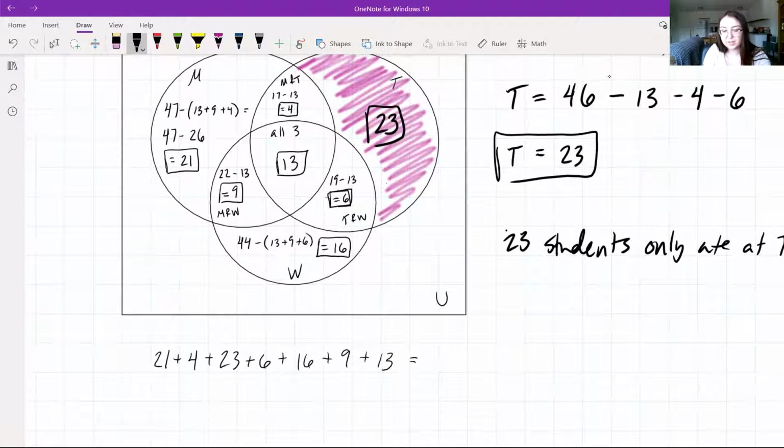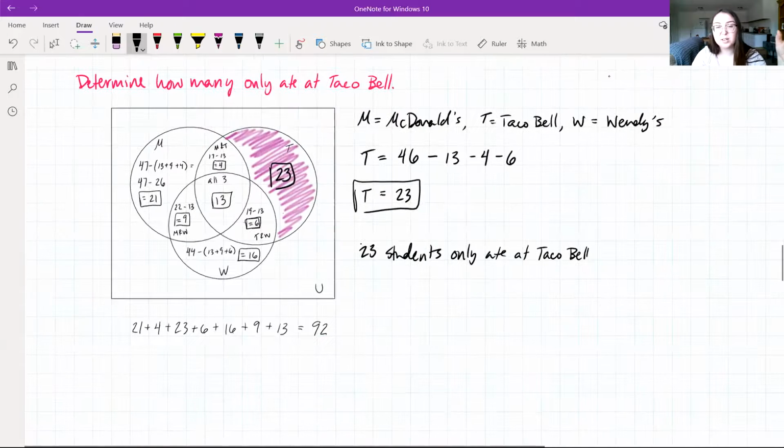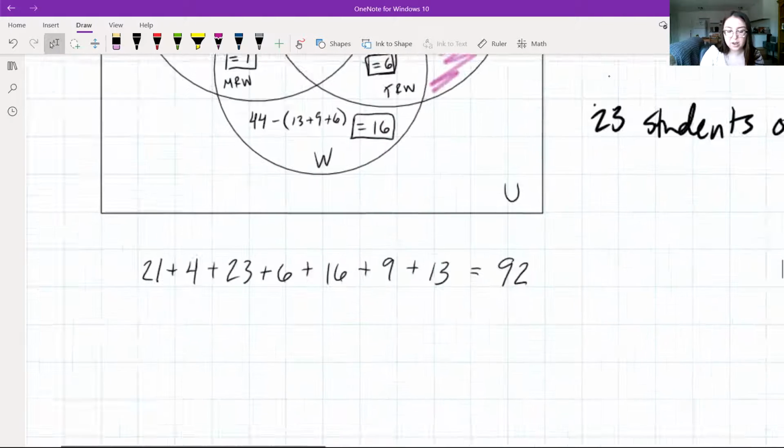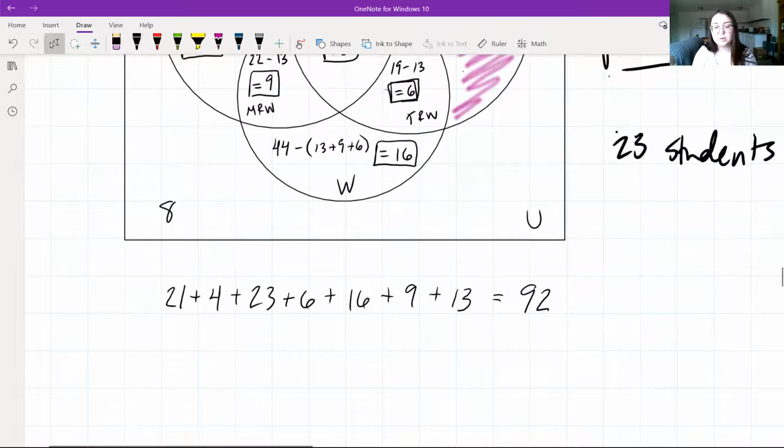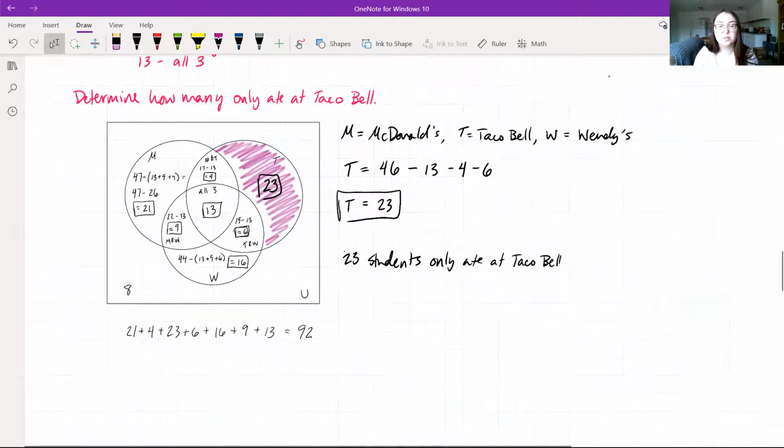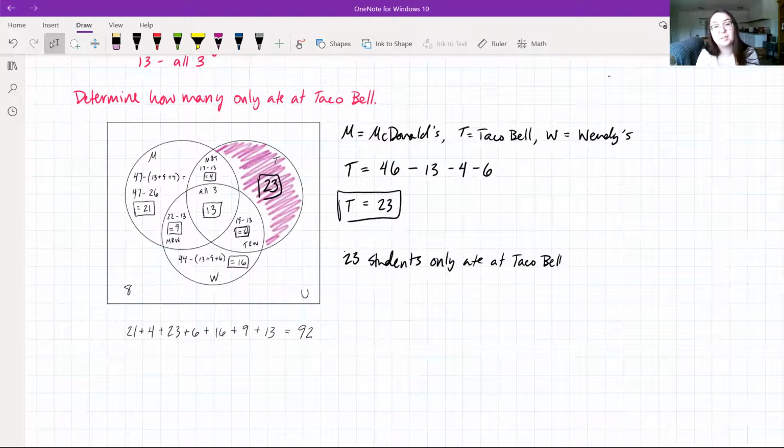And when you add all these values up, we get 92. So 92 of the 100 students ate at some fast food restaurant, or a number of them. This means that there were 8 students who didn't eat at a fast food restaurant. Well, that was labeled. So they didn't eat at McDonald's, Taco Bell, or Wendy's.